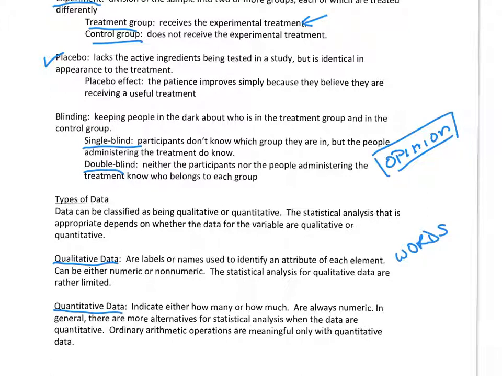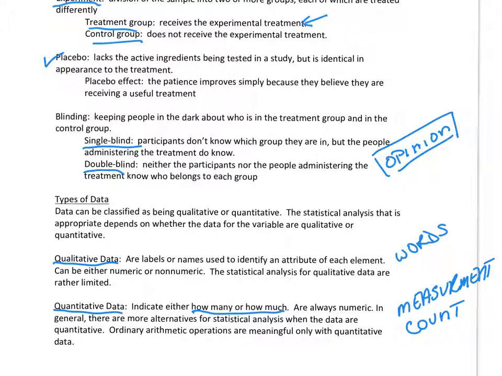The numbers can fall into either category. If a number tells me how much or how many, if it's a measurement or a count, then it's quantitative. Now what I mean by that, there's lots of different measurements or counts. How many kids do you have?